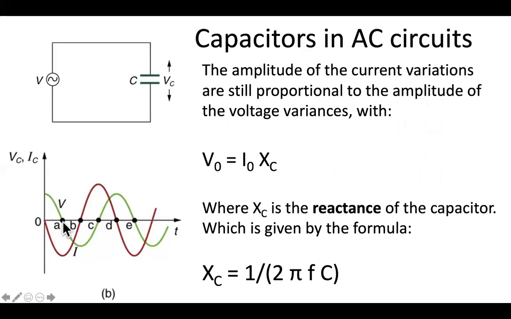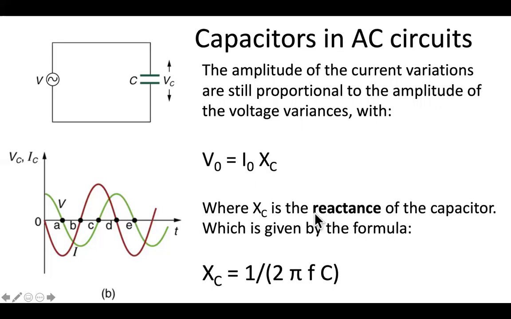So the amplitude of the voltage variations, V naught, and the amplitude of the current variations, I naught, are again proportional to each other, and the constant of proportionality is again called the reactance. This is, in this case, the capacitive reactance, so there's a little C there, but again, it's indicated with the letter X.